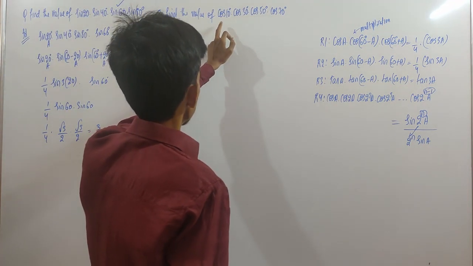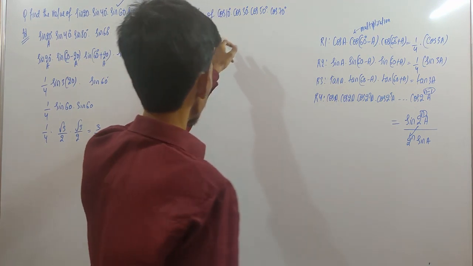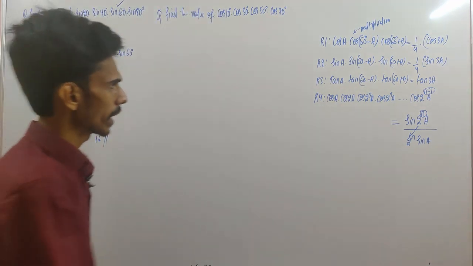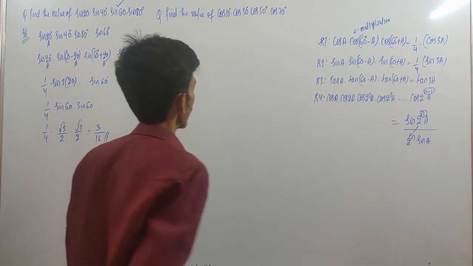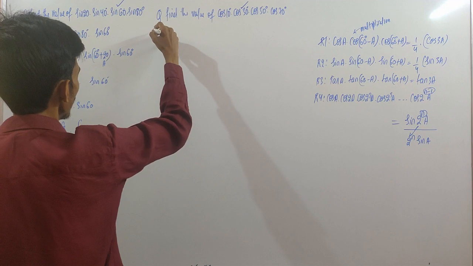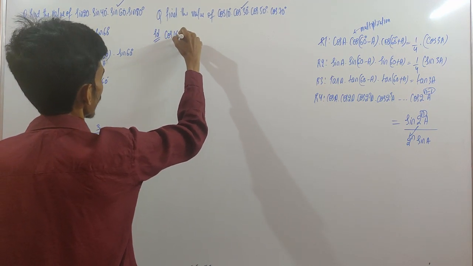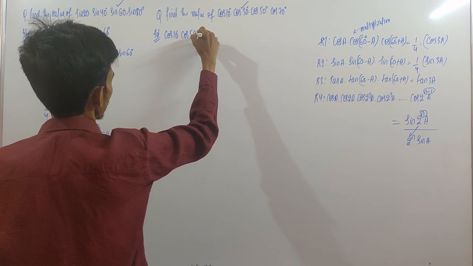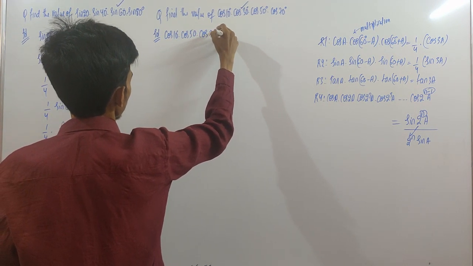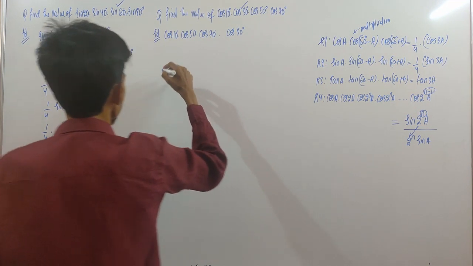Similarly, find the value of cos 10, cos 30, cos 50, cos 70. All cos terms are in multiplication, so we can make use of this result. Here cos 30 is a known quantity, so remove it. Write down cos 10, cos 50, cos 70, and at last write down cos 30.